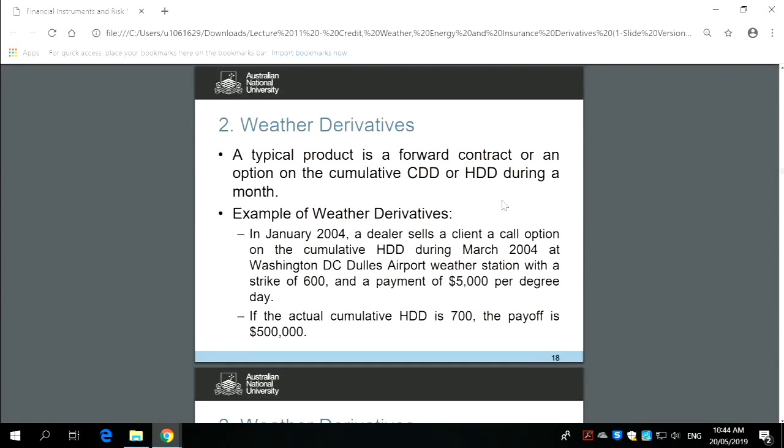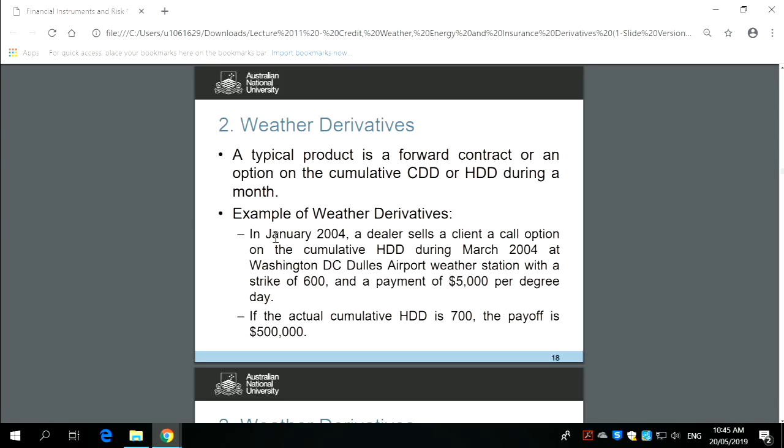Okay, so we actually have a numerical example here. Let's have a look. In practice, the seller of the weather derivative usually specifies the HDD or CDD in a cumulative term. Let me demonstrate what I mean by cumulative term.